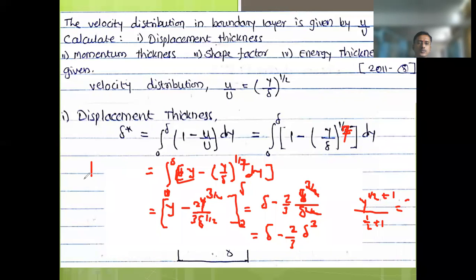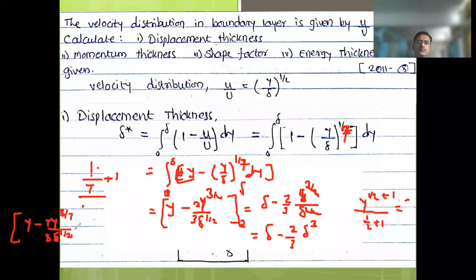If we take 1/7, the integration of y raised to 1/7 is y raised to 8/7 divided by 8/7, that is 7/8. Del raised to 8/7, separately I will write here: y minus 7/8 y raised to 8/7 over del raised to 1/7. From 0 to del, del minus 7/8 del raised to 8/7 by del raised to 1/7.